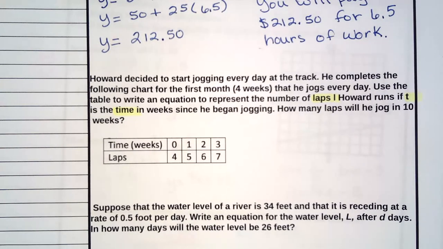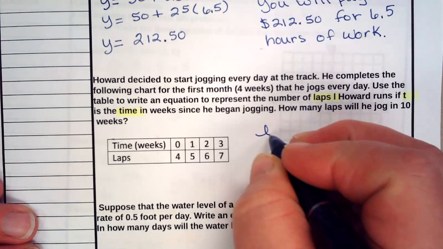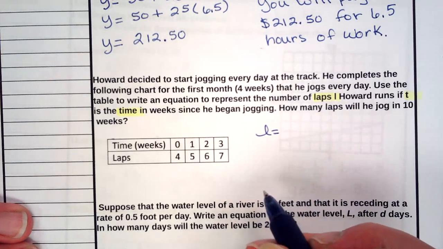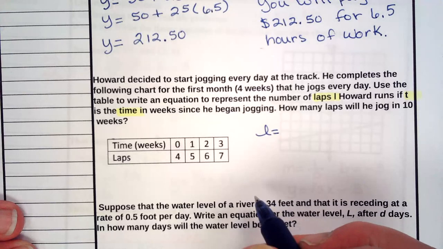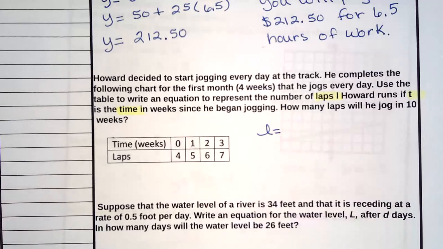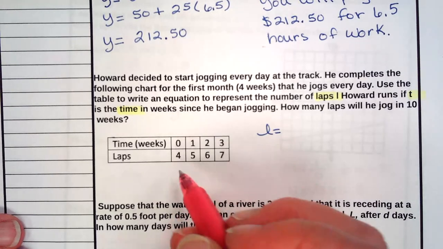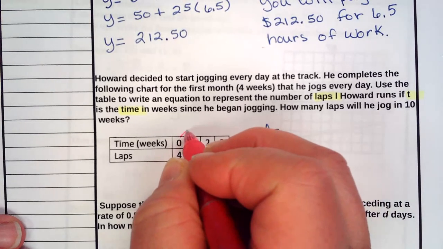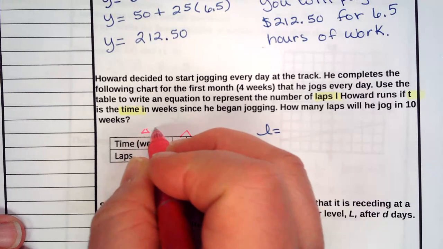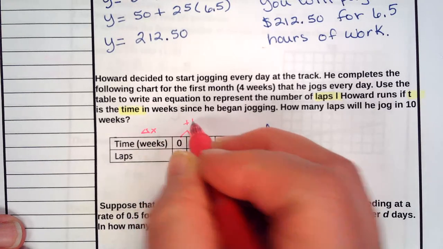That's going to be our input. So if we're looking at our number of laps, it's equal to, well, number one, what is our slope? How do we determine slope from a table? My delta x, I add 1.